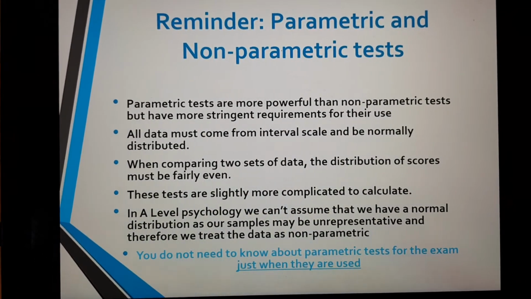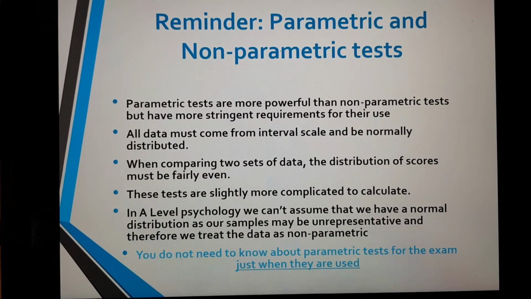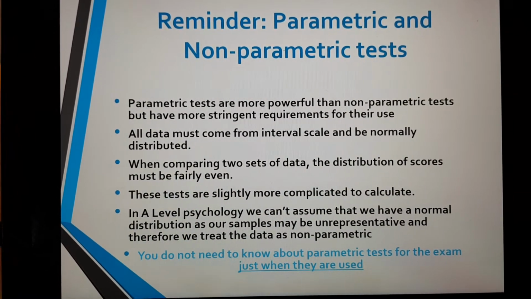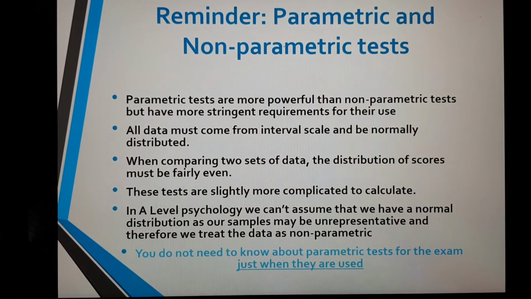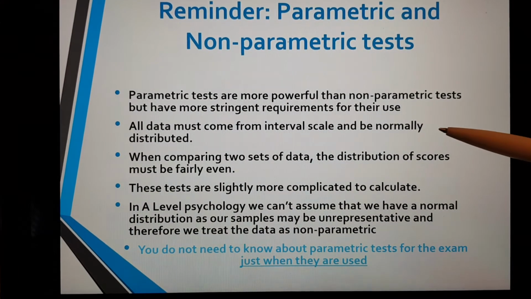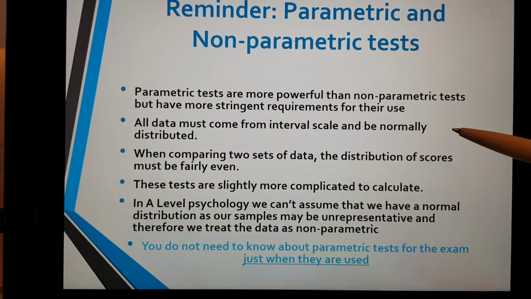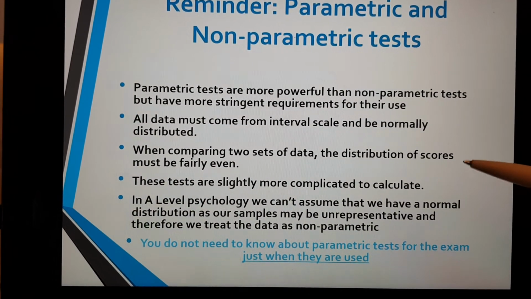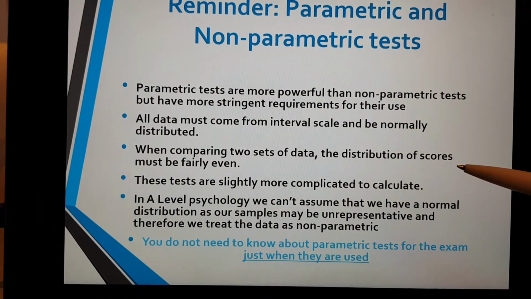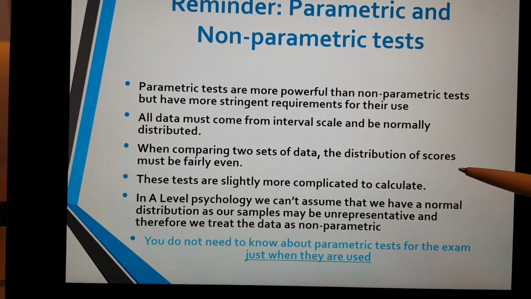So just a reminder, we've talked about this before, those are our reasons for when we use parametric tests. And very often we can't use them in psychology, as we've talked about, because we don't meet the criteria. So we don't often have an interval level scale, okay? Often we're working with ordinal or nominal data. We also need a normal distribution, which we'll talk about in a second with the slides that follow.